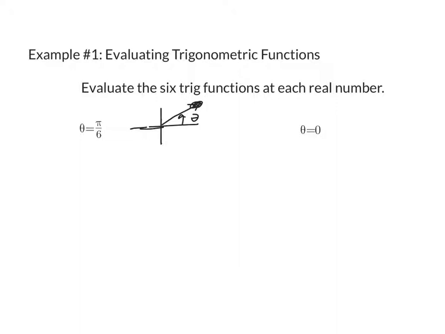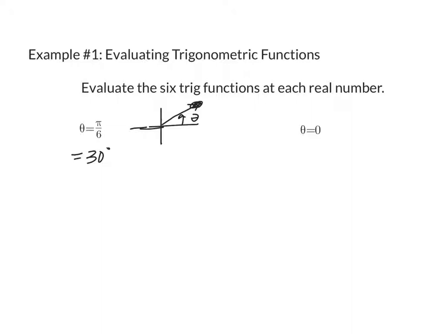Pi over 6 in degrees is 30 degrees. And I typically always just remember the ordered pair. First of all, it's in quadrant 1, so everything is positive. That means sine, cosine, and tangent are all positive in quadrant 1.